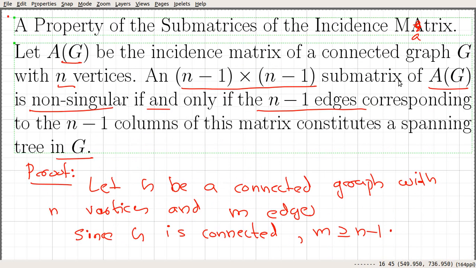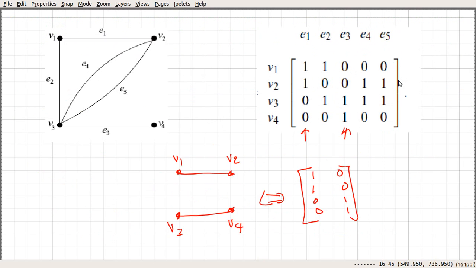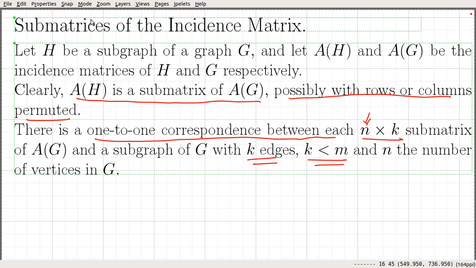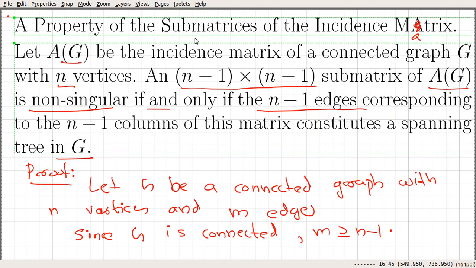So in this video we looked at the submatrices of the incident matrix, and we proved a property of a submatrix of the incident matrix. Let AG be the incident matrix of a connected graph G with n vertices.